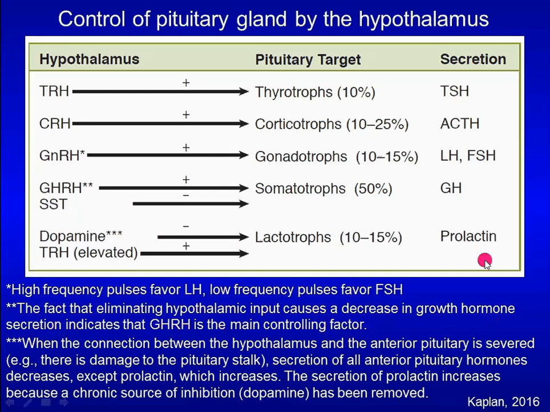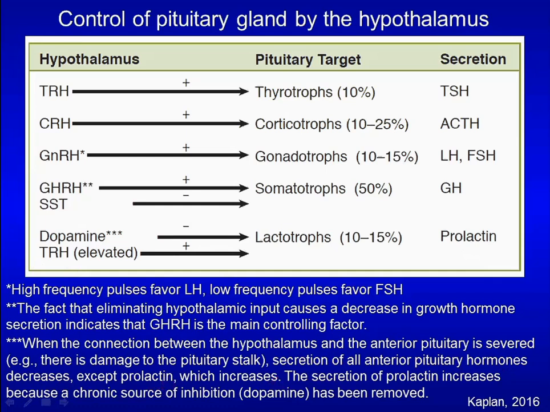Secretion of prolactin is inhibited by dopamine and stimulated by elevated levels of TRH. When the connection between the hypothalamus and anterior pituitary is severed, secretion of all anterior pituitary hormones decreases, except prolactin, which increases.